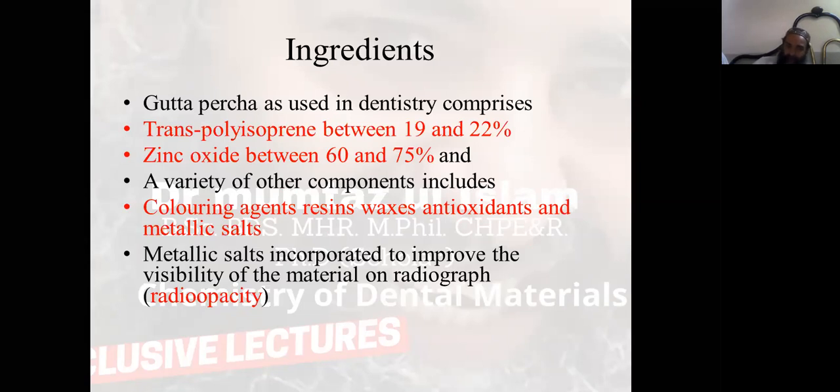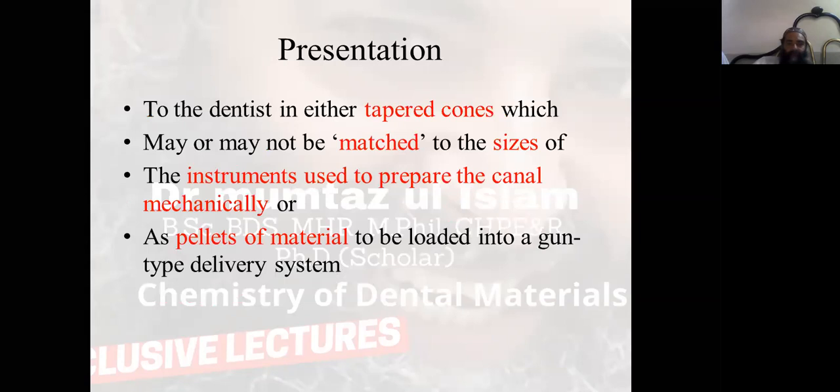Metallic salts are used for the radio-opacity of the material. Presentation of gutta-percha is in the tapered cone, which may or may not be matched to the size of the instruments used to prepare the canal mechanically, or as pellets of material to be loaded into a gun type delivery system.